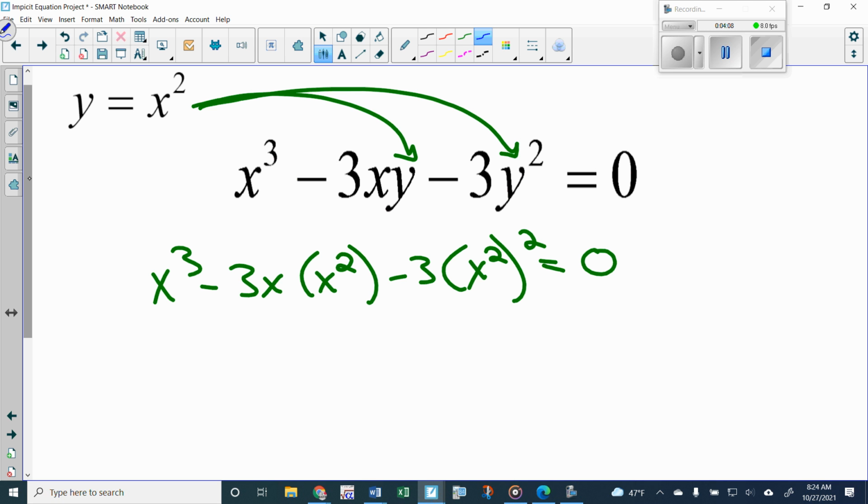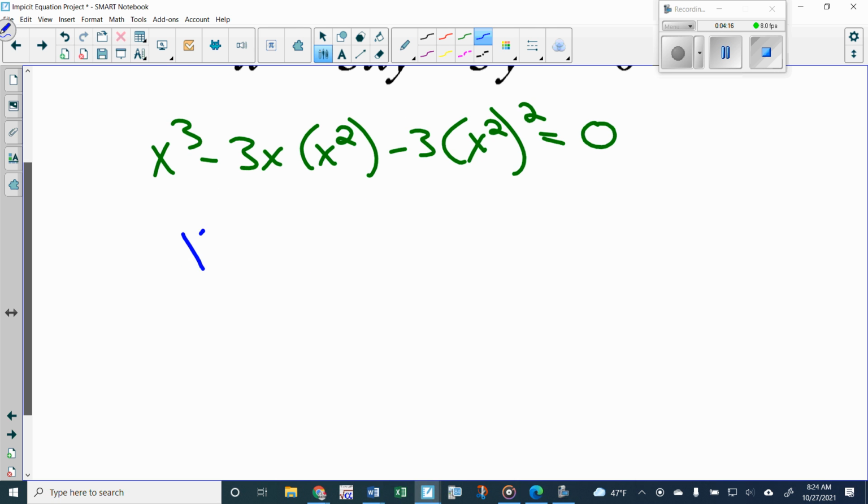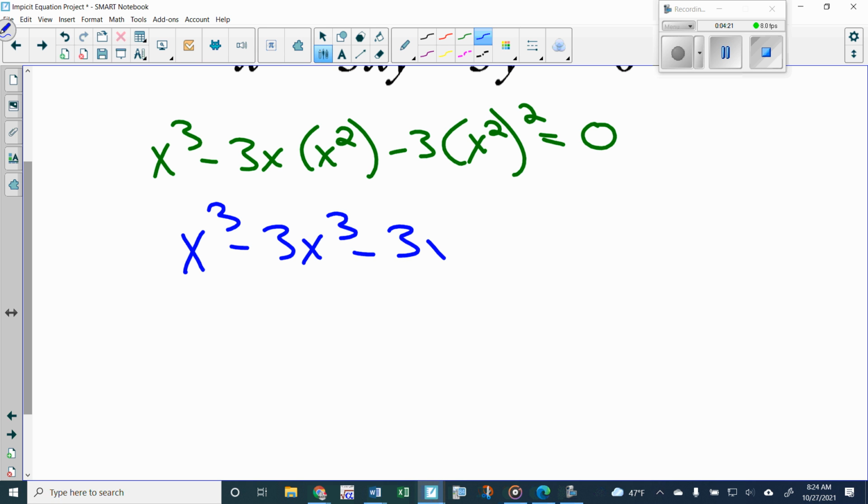Now you notice I have an equation of only x's, which I can solve. So let's see what we get here. I get x cubed minus 3x cubed minus 3x to the 4th equals 0. That's minus 3x to the 4th minus 2x cubed equals 0.